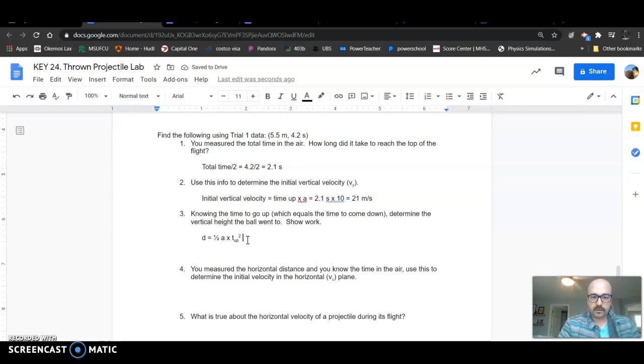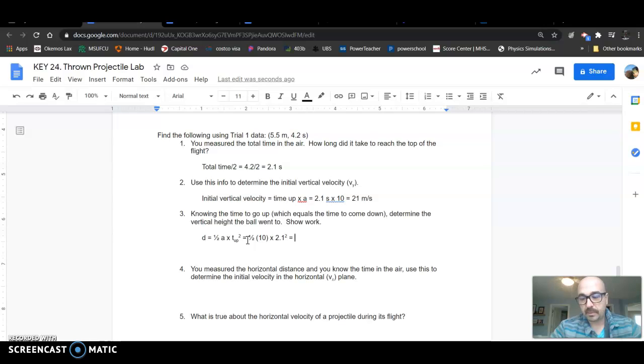So that'll help me solve this correctly. So I do 1/2 of 10, which is the acceleration, times the time up, which was 2.1 seconds, squared. So that's going to be 5 times 2.1, which is 10.5.